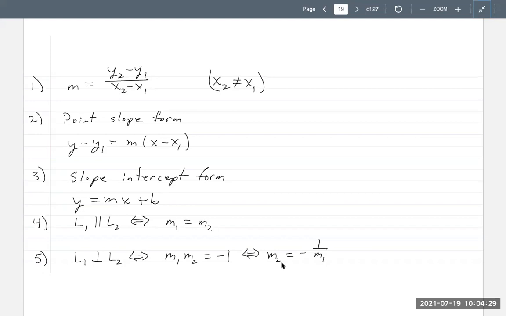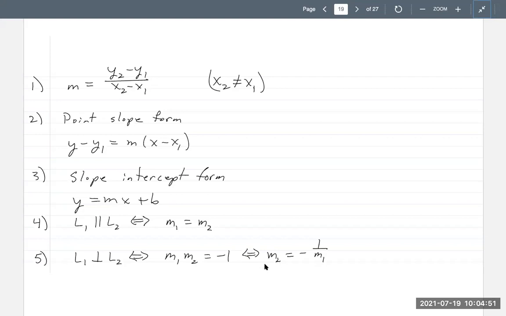Now, here we make the assumption that 1 over infinity is 0, and 1 over 0 is infinity. Then this makes more sense. And -1 over 0 is infinity.